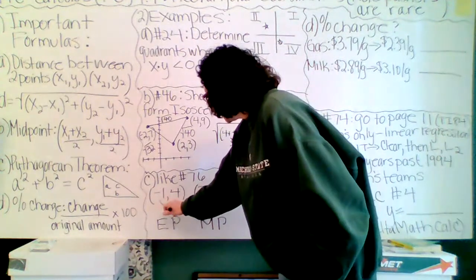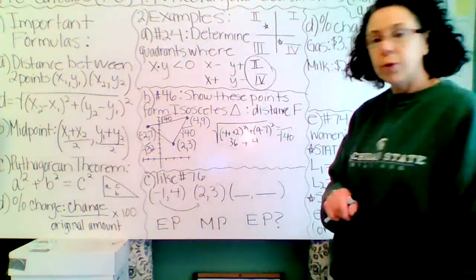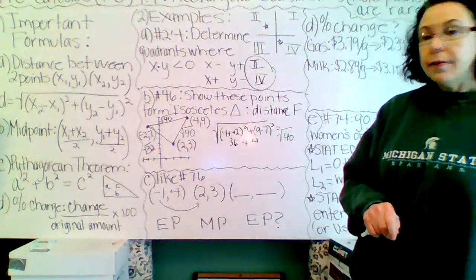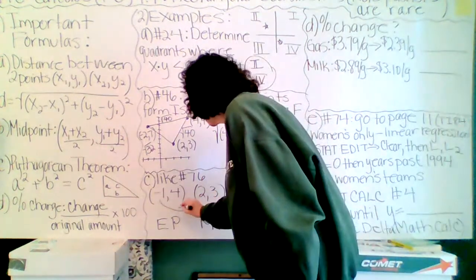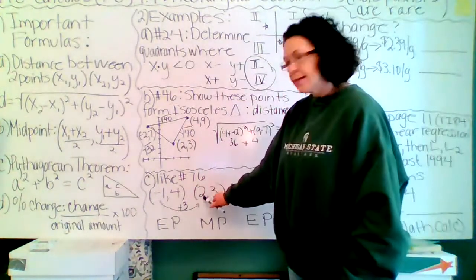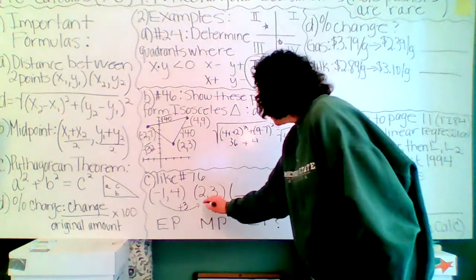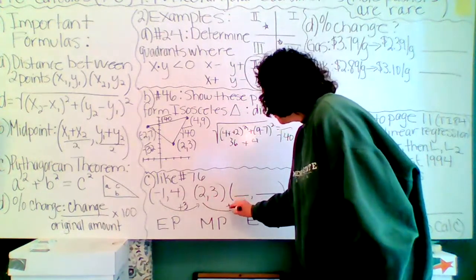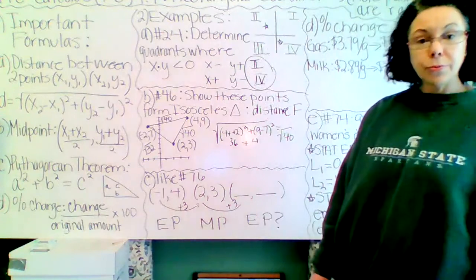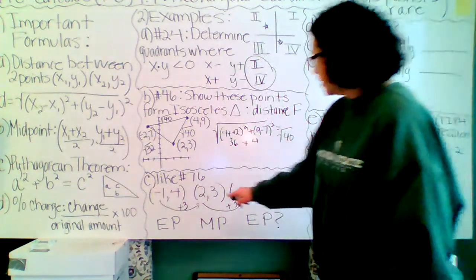The x of the endpoint was at -1 and it went to 2. That means it went up 3. Doesn't that mean for this x to be in the middle of these endpoints that I would also have to add a 3 to get to the other endpoint on the other side of 2, 3.